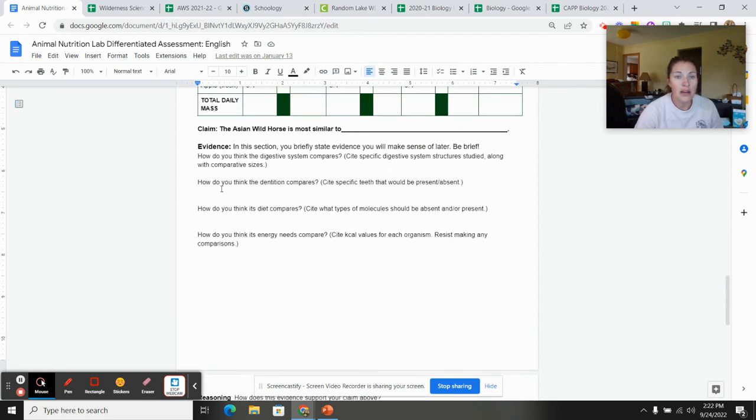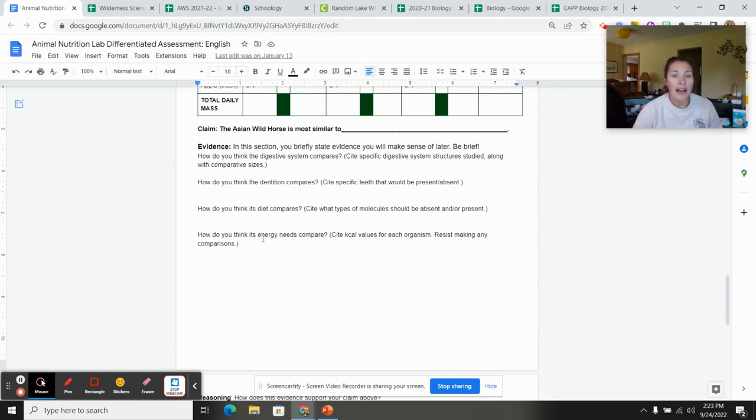And down here for your evidence, you are going to be looking at how you think the diet compares between an Asian wild horse, I'm sorry, and the African counterpart. How do you think their diet compares? Okay. How do you think their energy need compares? Are they going to be the same? Are they going to be different?